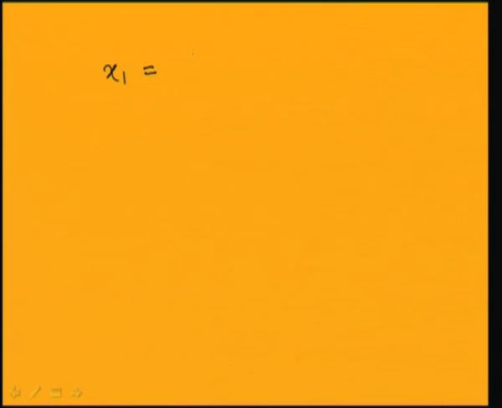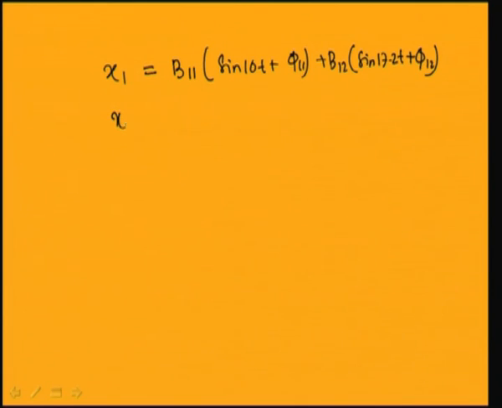So, you can write this x1 equal to B11 sin(10t plus phi 11) plus B12 sin(17.2t plus phi 12), and x2 also you can write equal to B21 sin(10t plus phi 21) plus B22 sin(17.2t plus phi 22).